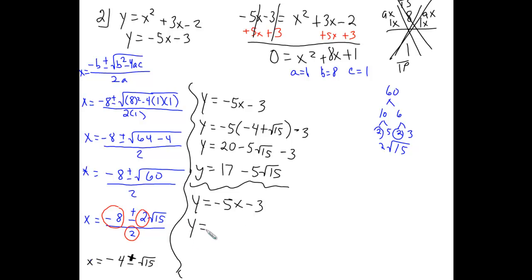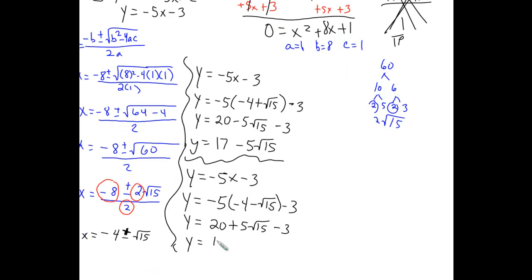So we have y equals, substituting in for x, negative 5 times negative 4 minus the square root of 15, minus 3. Then y equals 20, because negative 5 times negative 4 is 20, plus 5 times the square root of 15, minus 3. So y is equal to 17 plus 5 times the square root of 15.